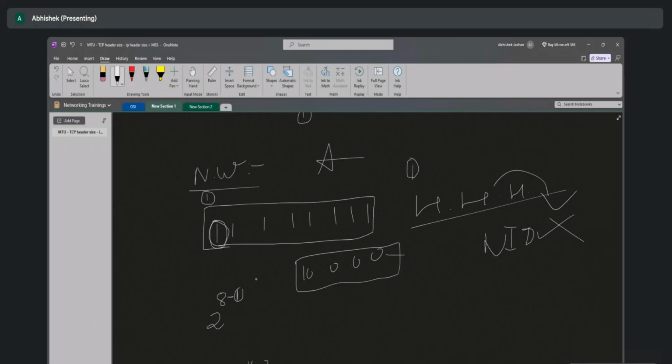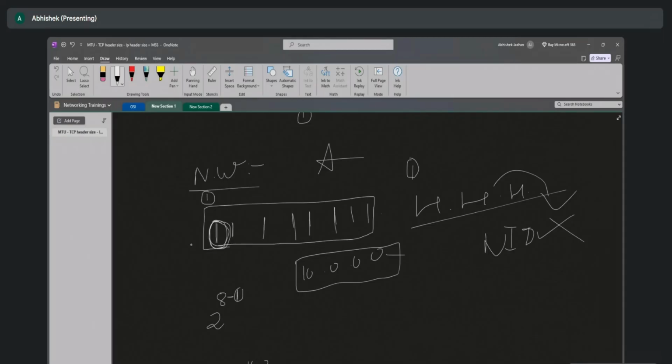During calculation, just remember one point: if you are trying to calculate for any class of IP how many networks or how many host bits there are, here we are talking about networks. If you want to calculate how many networks there are, we cannot entirely utilize the whole network according to the class.